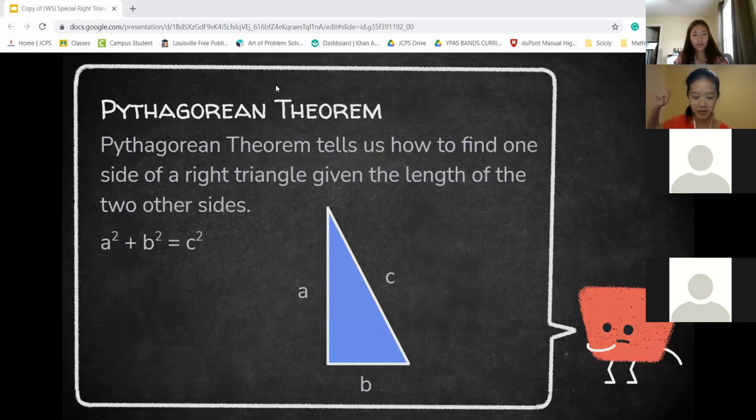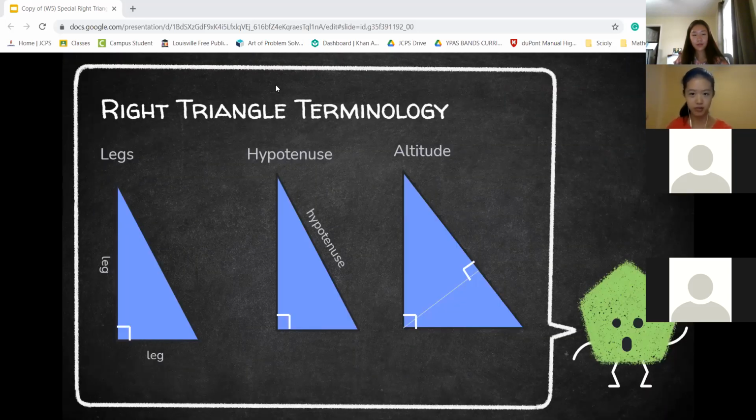Oh, I want to point out one more thing about that. When you're finding the area of a right triangle, you want to find the base and the height, right? But here's an important thing. The base and the height have to be perpendicular to each other. So you can treat the base as a leg and the height as the other leg because they're perpendicular to each other.